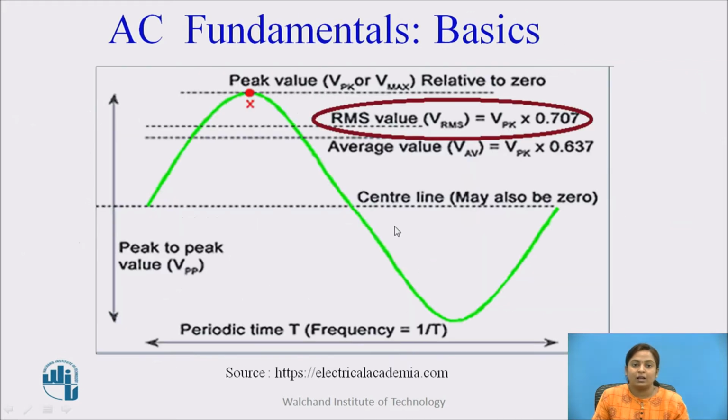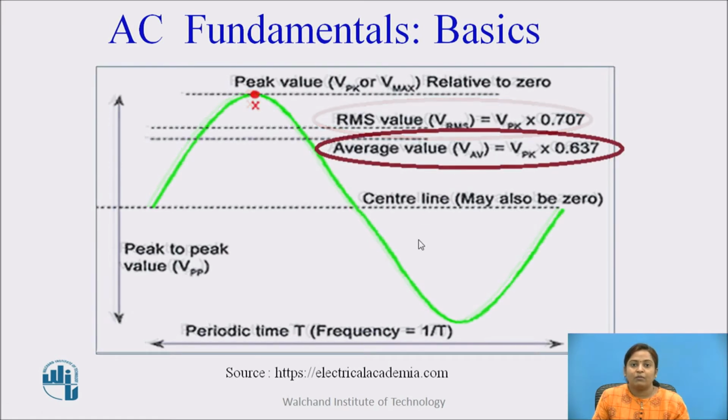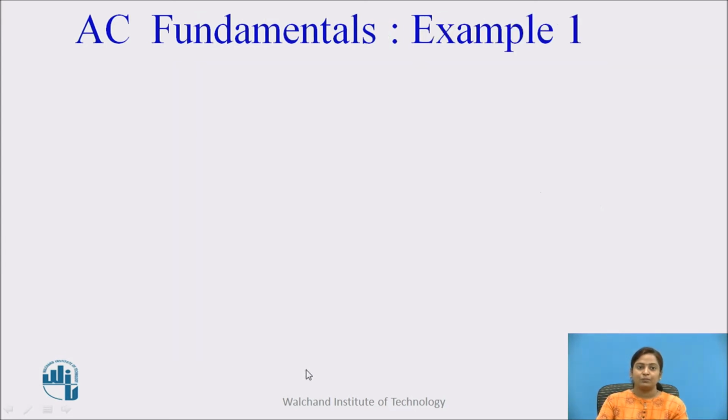The next is the RMS value. The RMS value of an AC quantity is nothing but peak value into 0.707, and the average value of an AC quantity is nothing but peak value into 0.637. So these are some basic parameters which will help you to solve numericals on AC fundamentals.